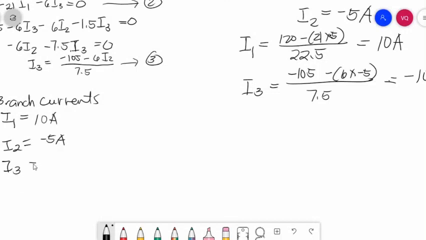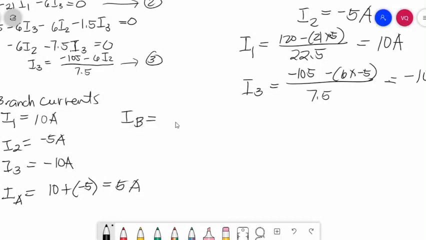And I3 is equal to negative 10 amperes. IA is the sum of I1 and I2. So, 10 plus negative 5 is equal to 5 amperes. And also, IB is equal to the sum of I2 and I3. So, negative 5 plus negative 10 is equal to negative 15 amperes.